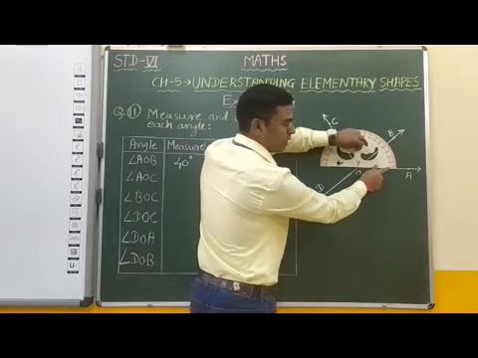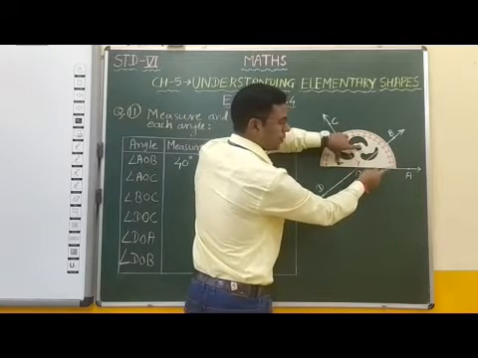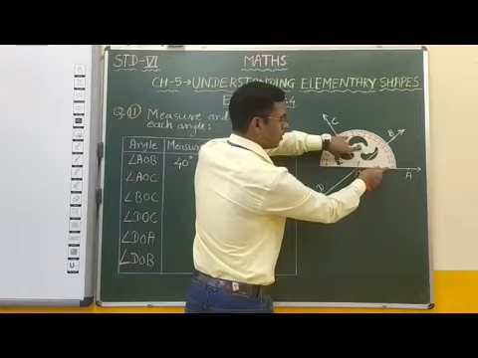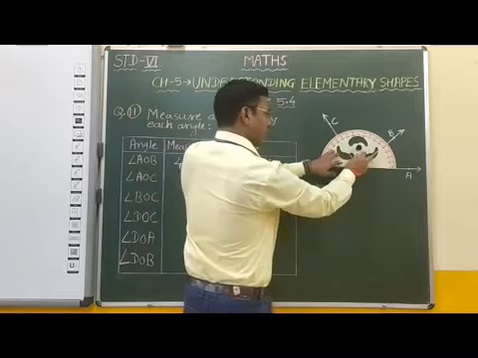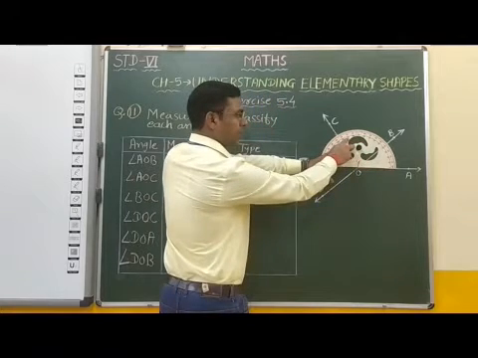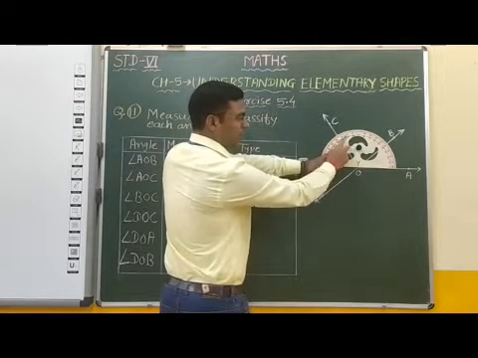Therefore, we count from the right side 0. 10, 20, 30, 40, 50, 60, 70, 80, 90, 100, 110, 120.